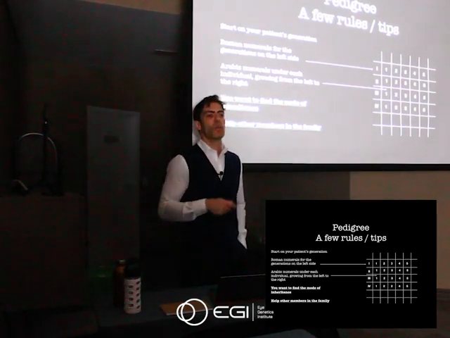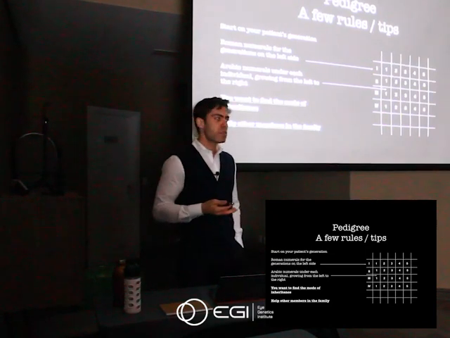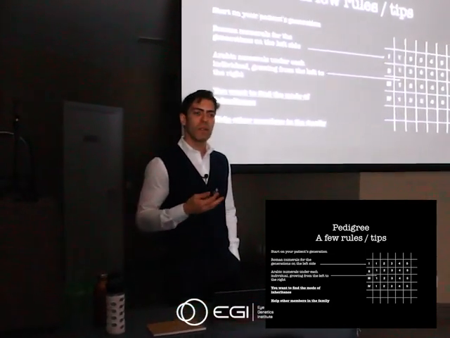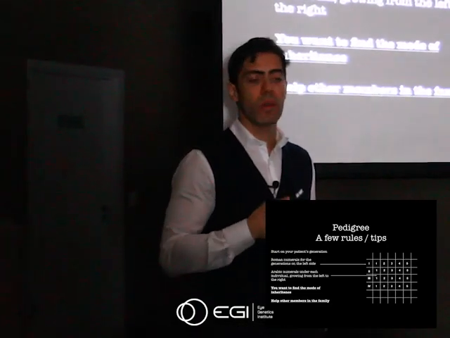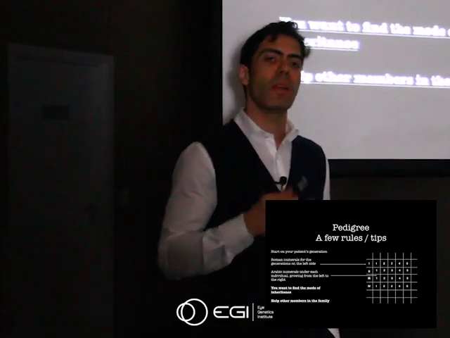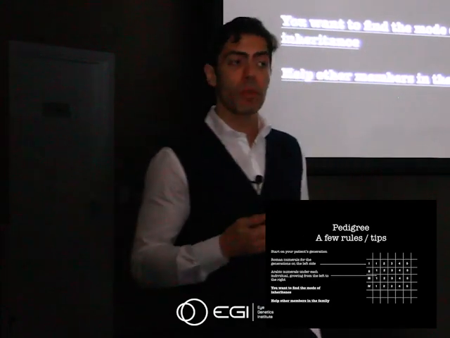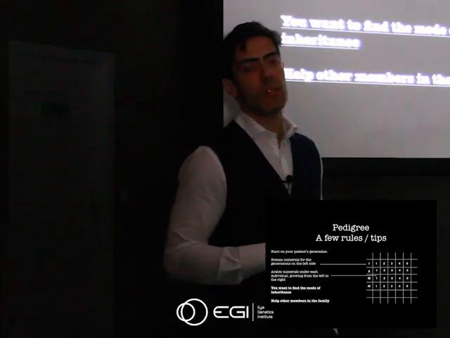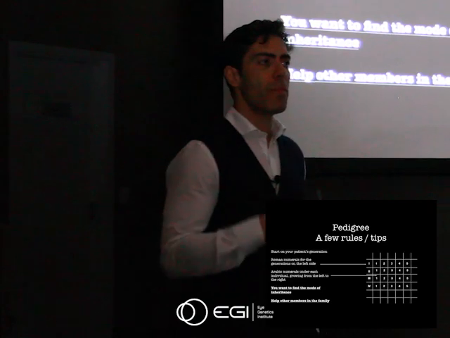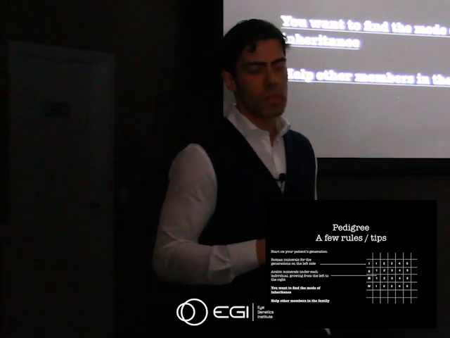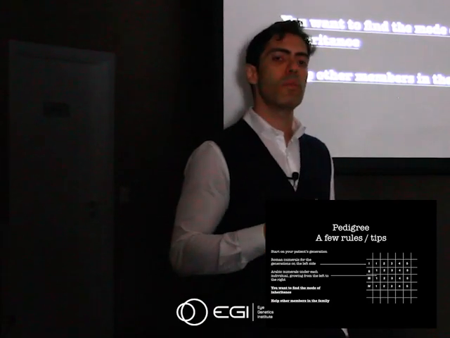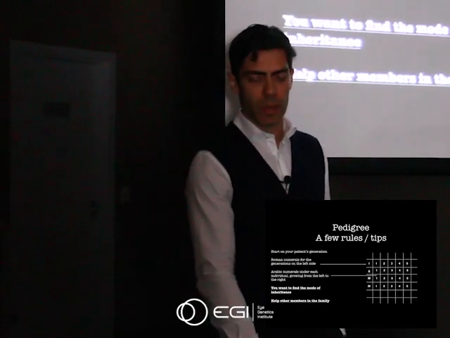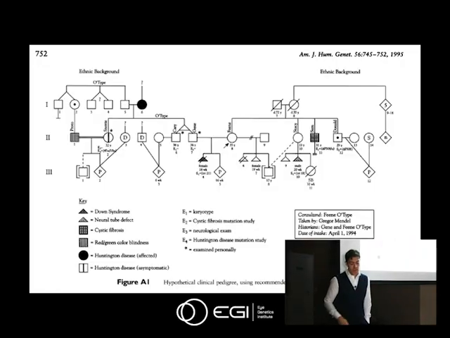Many times we are talking about still young individuals, and sometimes the disease will only manifest itself later in life, and then you are able to help more people in that family. So the pedigree has a paramount, a crucial importance, and we have to be able to make it properly.